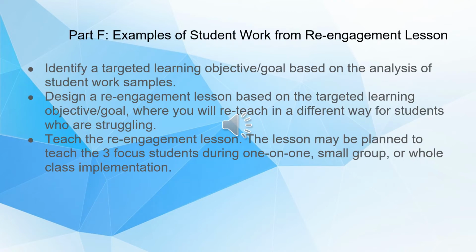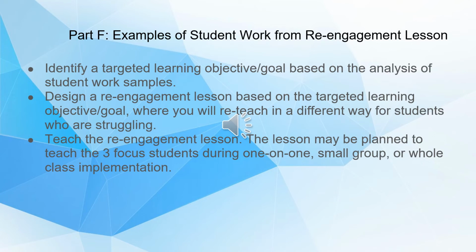And then the next part is going to be your examples of student work that are from your re-engagement lesson. So essentially what you're going to do is, after you've planned those 3 lessons and taught those 3 lessons, you're going to identify a learning objective from the work samples, right? And a learning objective that you had that students did not meet.